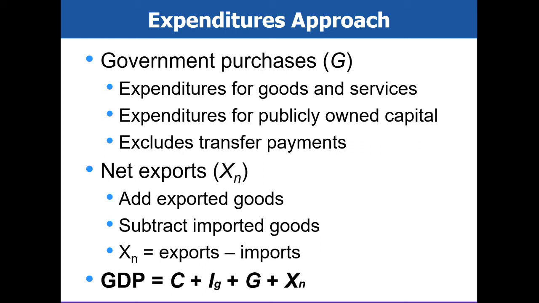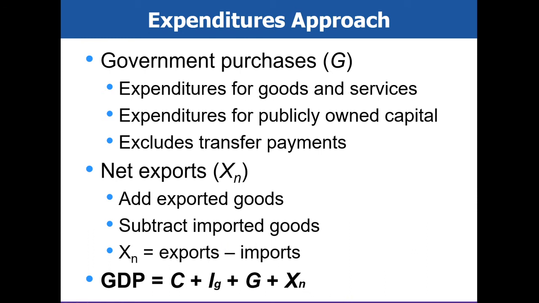So now we have a formula for GDP. GDP is equal to consumption plus gross investment plus government plus net exports. All right, if you wanted an abbreviation, exports are X and the imports is an M. So X minus M gives you X sub N.